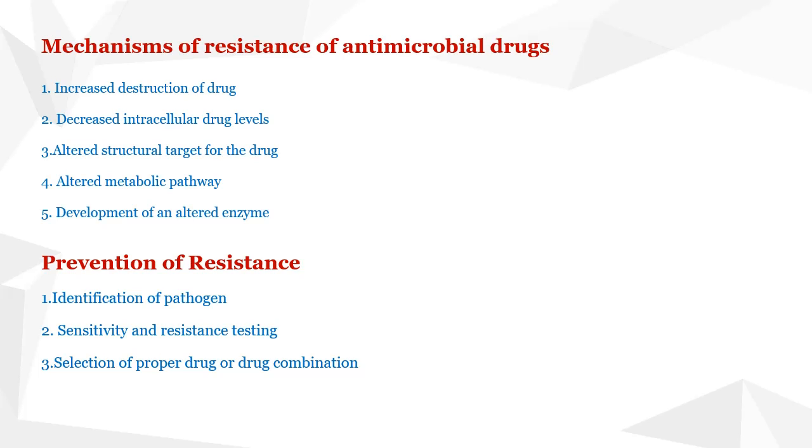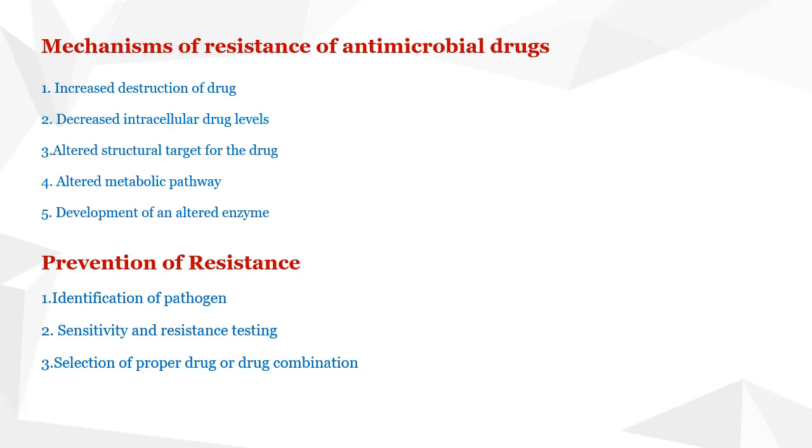In this case, the microorganisms will not allow the drug to enter inside the cell. The best example is tetracyclines. They normally accumulate in susceptible bacteria, but not in resistant bacteria, because resistant bacteria produce an inhibitor of tetracycline transport.